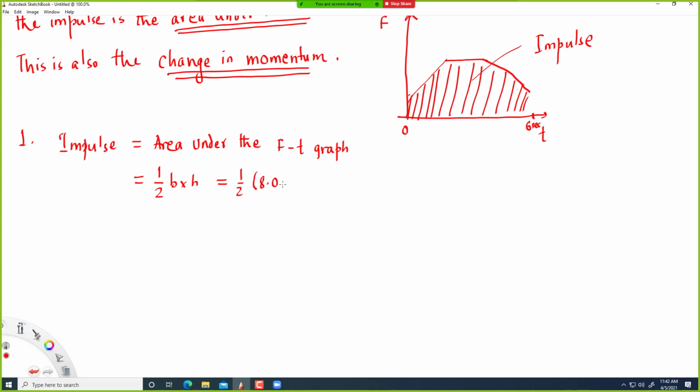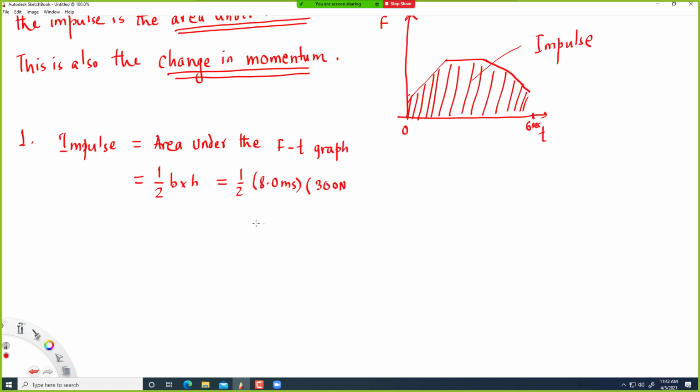Area is not always spatial area, like a plot of land or something. Area could also be different kinds of quantities. Right here we are considering base to be time, in milliseconds, and our height is force, which is 300 Newton.